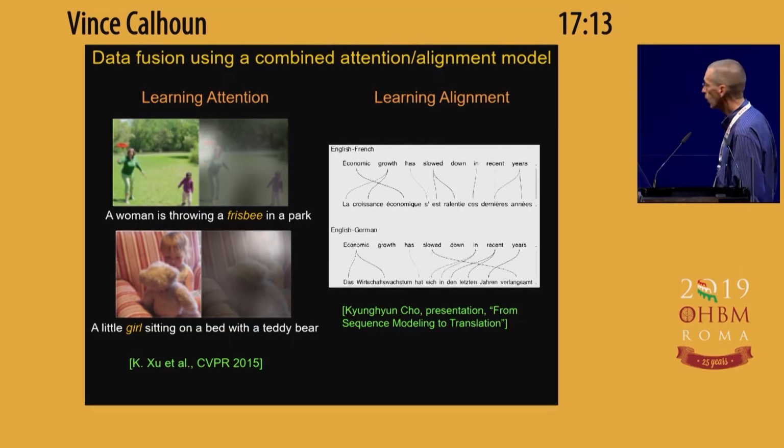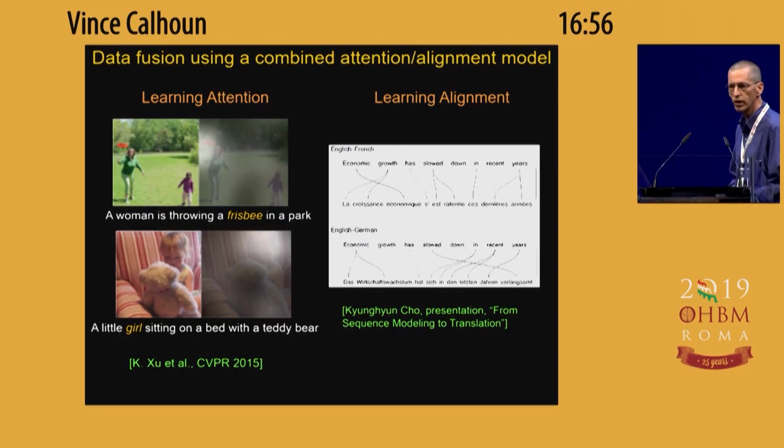And so what we're doing to try to get at that in this case is to combine something called an attention model, where here you've got a bunch of images and you've got a caption below each image. And if you attend to a particular word in the caption, you want the model to tell you where in the picture that word is relevant. Okay, so here's frisbee, here's girl, and it highlights the face of the girl, for example.